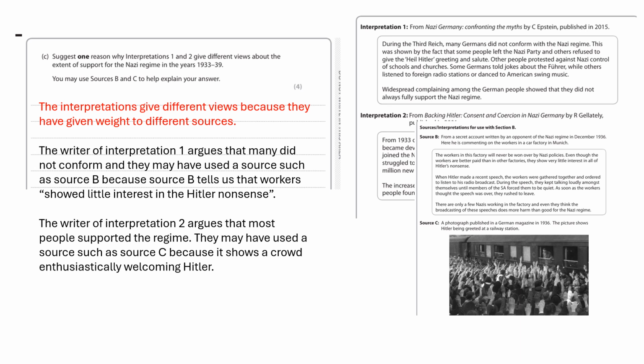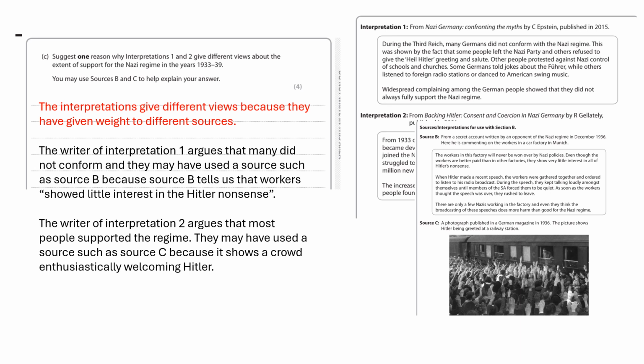But what we want to do is prove that those historians have used different sources. So what you do in your booklet, which has your 2 interpretations on one page and your 2 sources on the other, is you match them up. You find out which source says or shows the same thing as interpretation 1 and which source says or shows the same thing as interpretation 2.